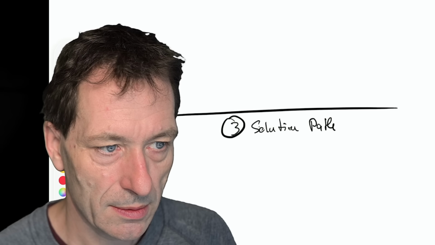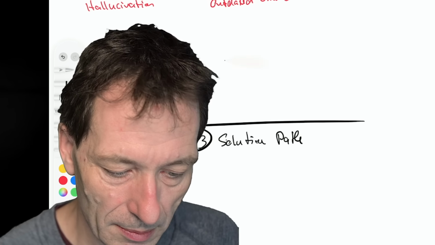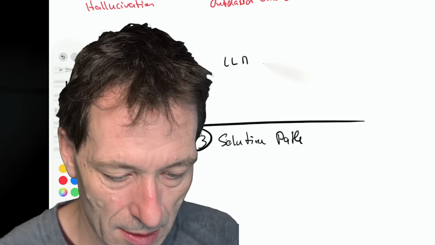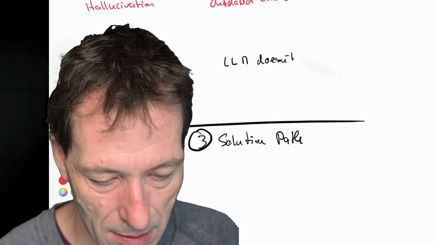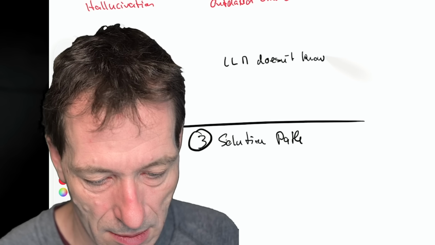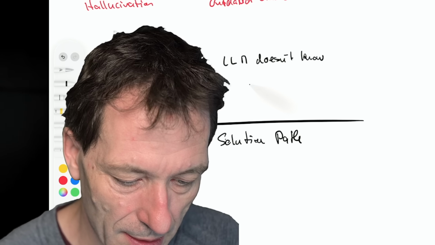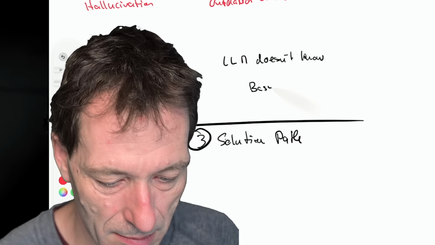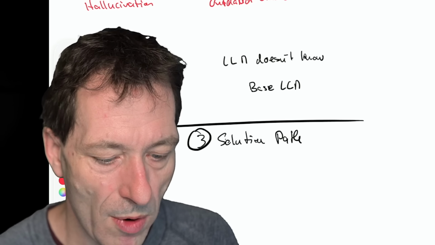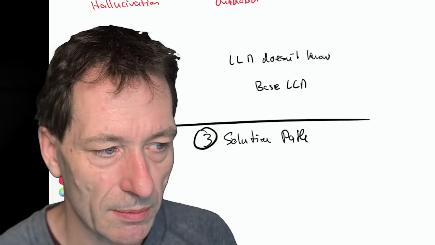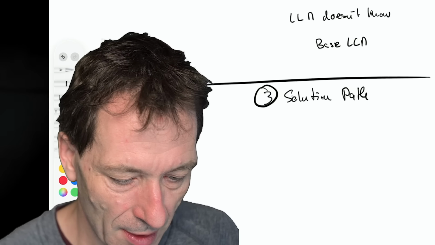Three solution paths. So first one, right? The problem is the large language model doesn't know, for whatever reason, right? We have this base LLM, like GPT-4, for example, and we have three solution paths. The first solution path could be fine-tuning.